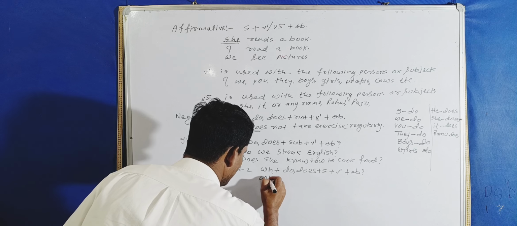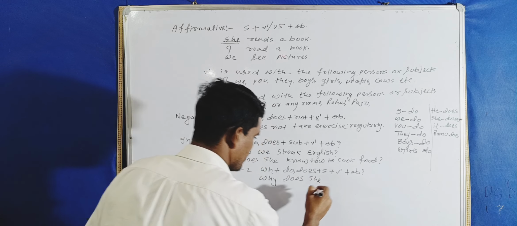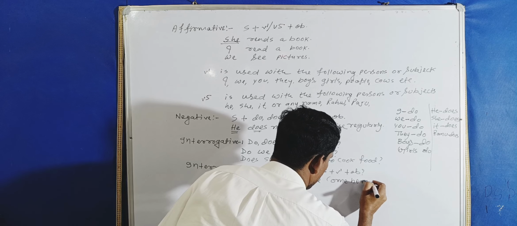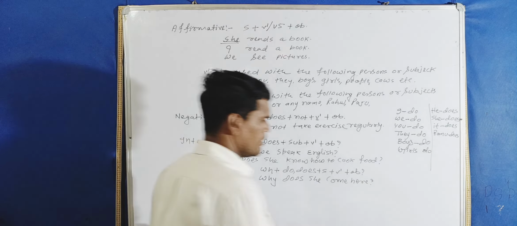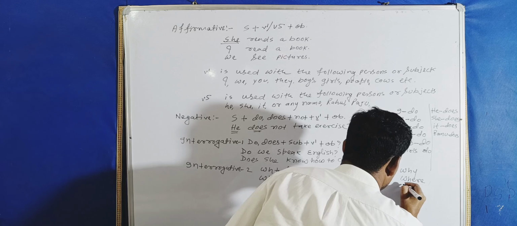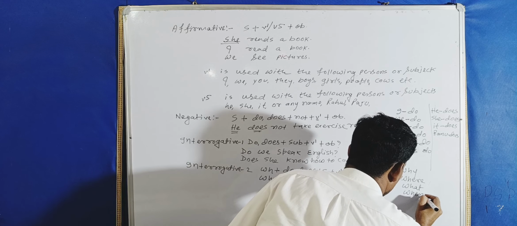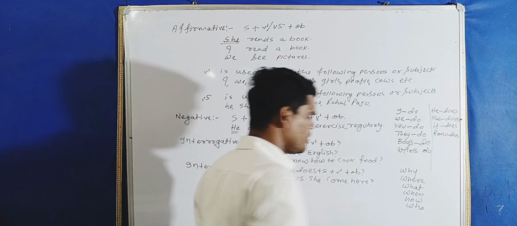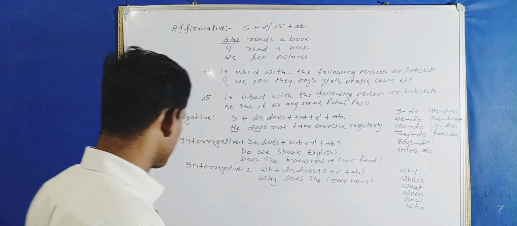For example, why does she come here? WH questions here: why, where, what, when, how, who, all these are known as WH questions.